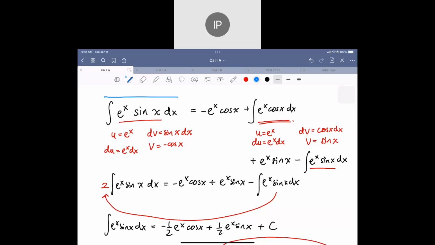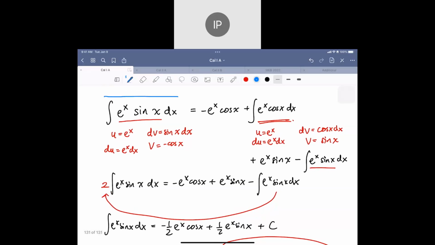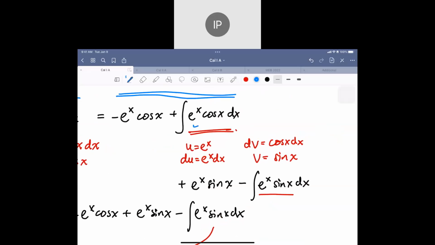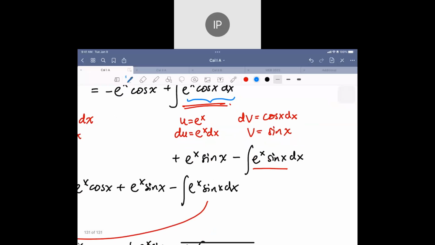For example, if we have e^x sin x, if we use integral by parts, this is our structure, right? But if we forgot to write the left one, and if we focus on just integrating this e^x cos x, then it's going to be another structure.